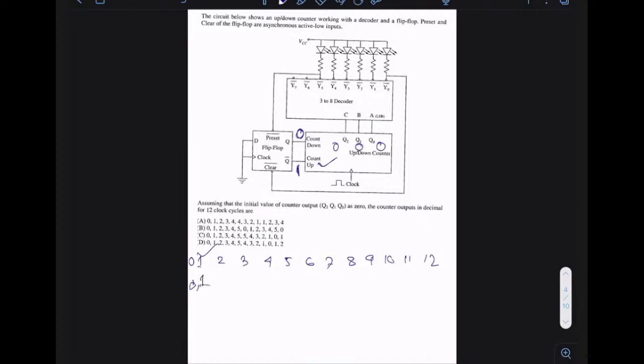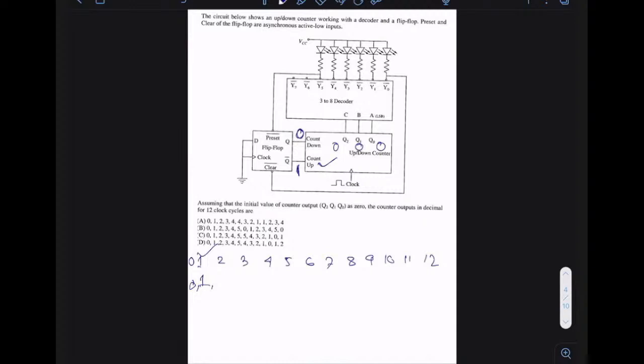So if the present state is 0, the next up state is basically 1. Yes or no? The next up state is basically 1.